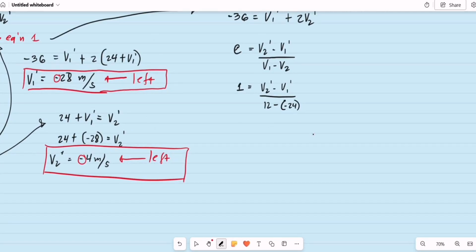Simplifying further, 1 is equal to b2 prime minus b1 prime over 12 minus negative 24. 12 plus 24 is 36. By cross multiplication, 36 equals b sub 2 prime minus b1 prime. If we transpose b1 prime, that is 36 plus b1 prime is equal to b sub 2 prime.